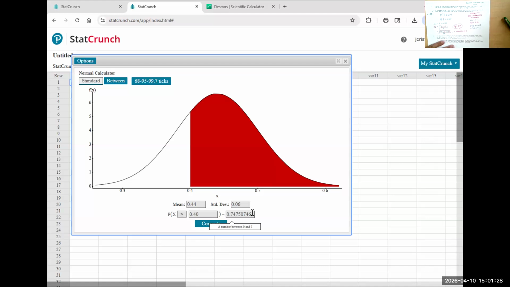Okay, and so now doing those calculations, our unrounded solution for that probability is 0.74750746. Our rounded solution, rounding at 4 decimal places, is 0.7475. Right, that 0 is less than 5, so the digit stays the same.